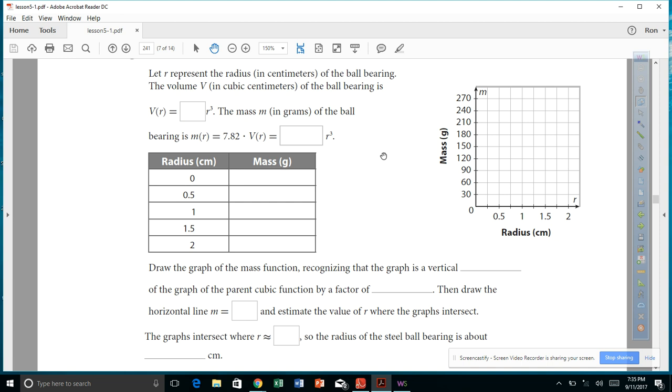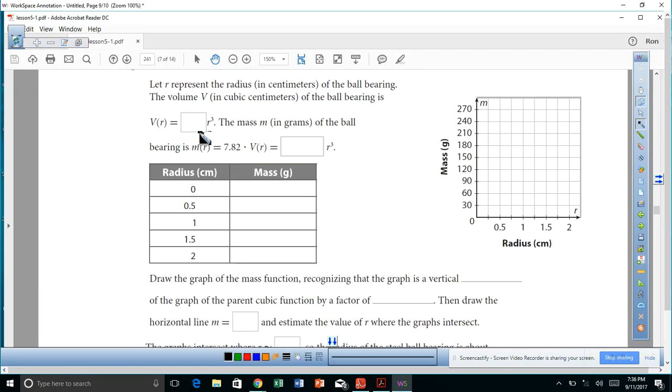The volume V in cubic centimeters of the ball bearing is 4/3 pi r cubed. The mass m in grams of the ball bearing is mass of R equals 7.82 times the volume of R, which is 32.76.